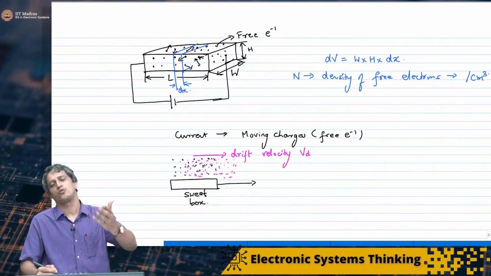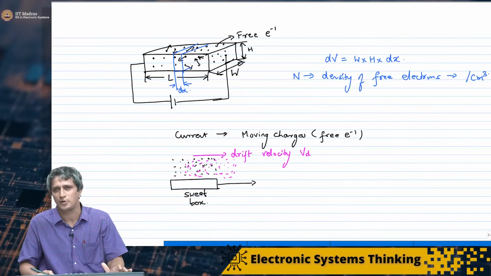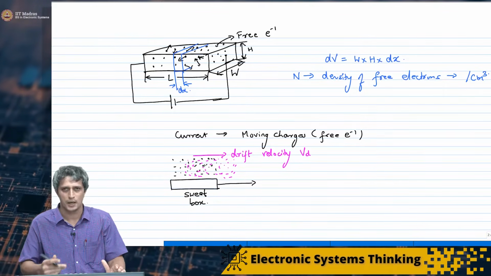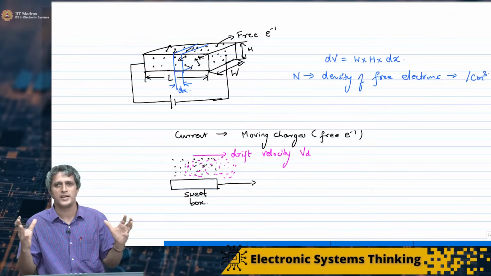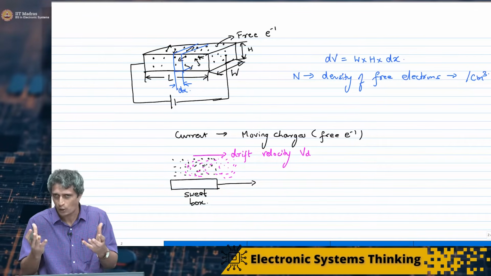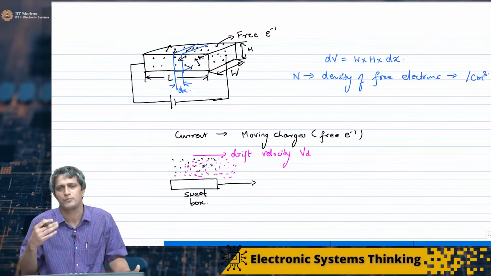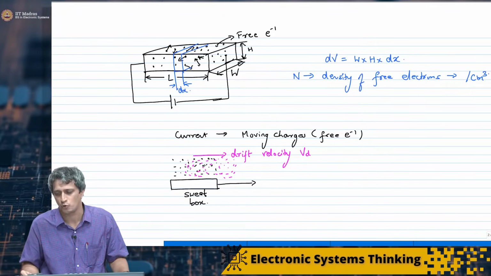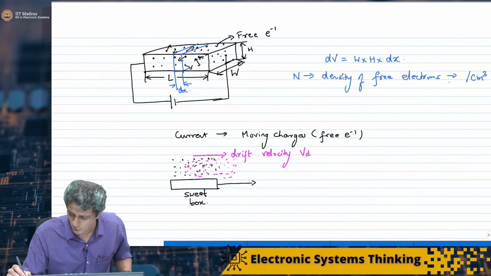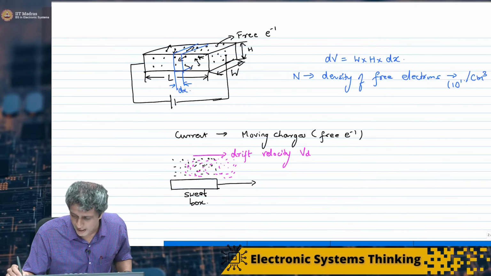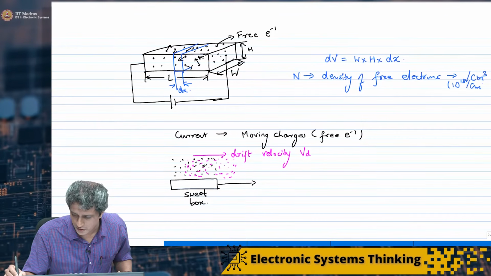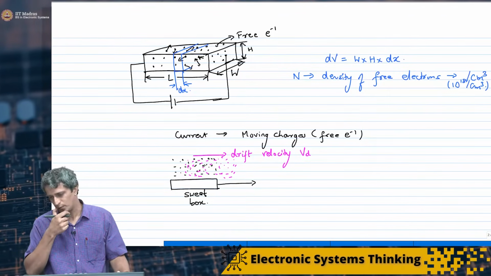For example, it could be something like 10 power 18 per centimeter cubed. One centimeter cubed is very large for an electron, so therefore the density of free electrons in a conductor will be something of that high order of magnitude. So a typical number could be about 10 power 18 per centimeter cubed. Just an example, right?